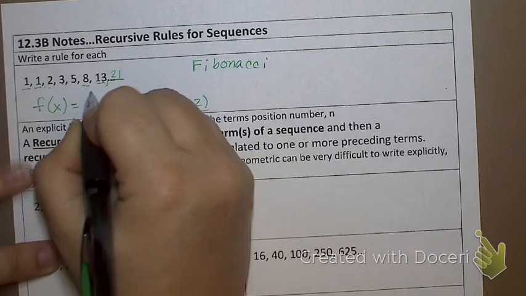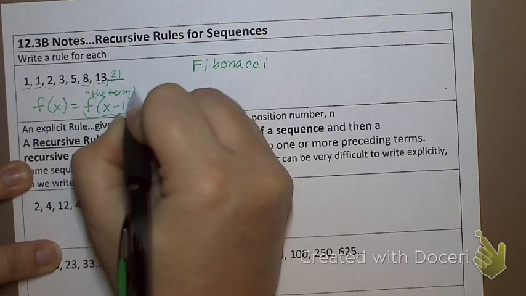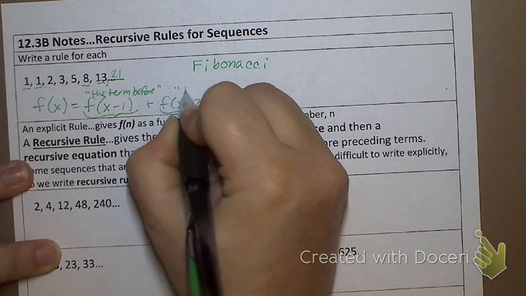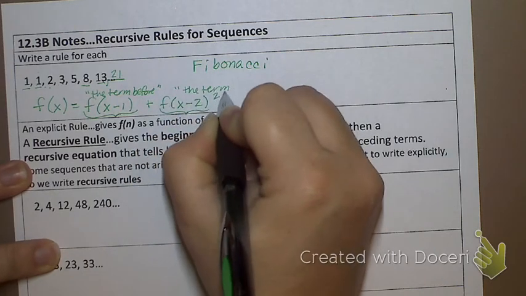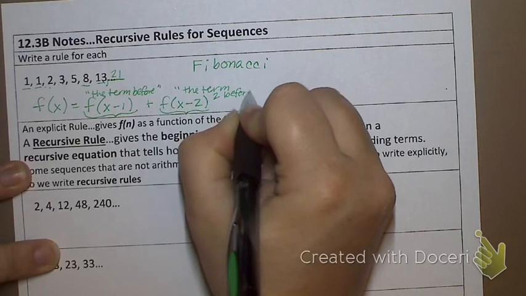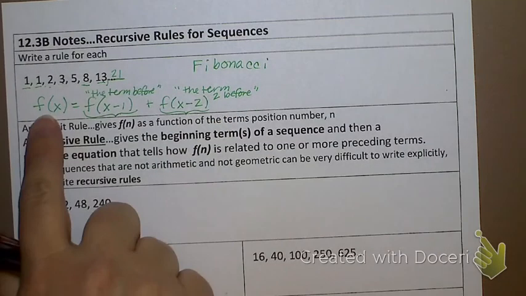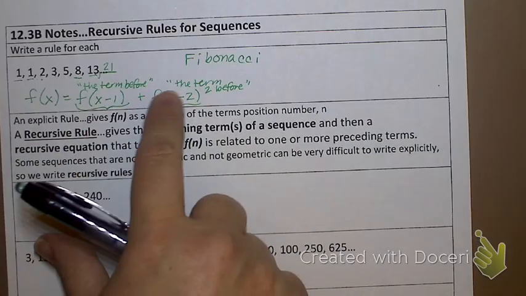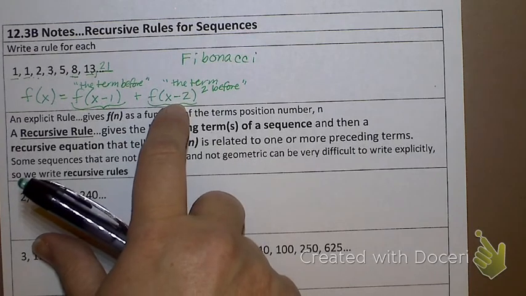So this is the term before, and this one is the term 2 before. So that's my rule. To find any term, you take the term before it and add it to the term 2 before it. Kind of funky?